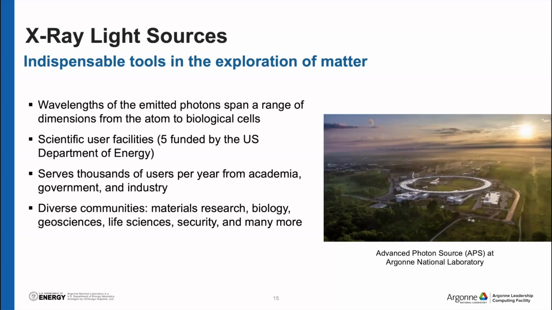So there are many different applications that people might want to use the Advanced Photon Source to study. So you can see how the science that is enabled at the Advanced Photon Source is really transformational science for our everyday lives. Next slide, please.